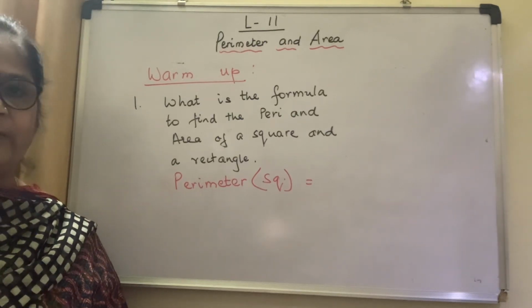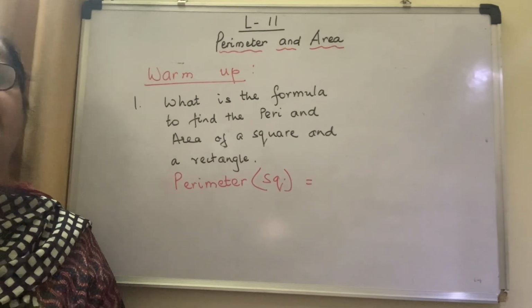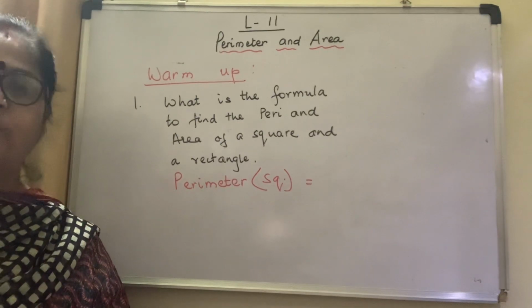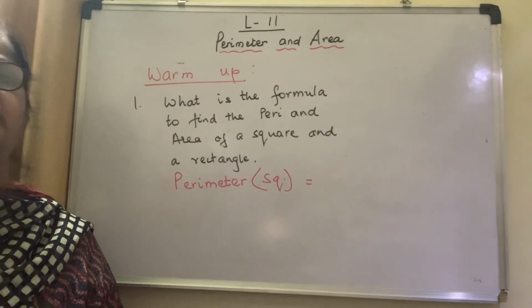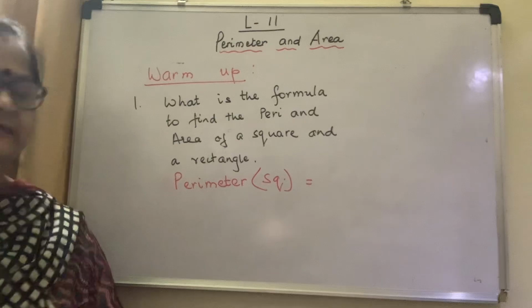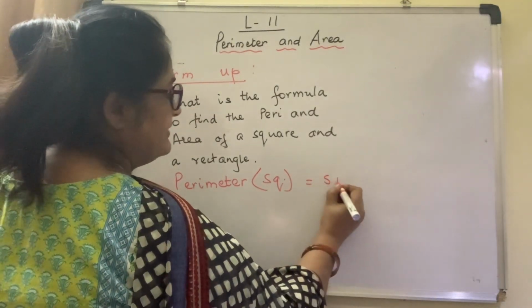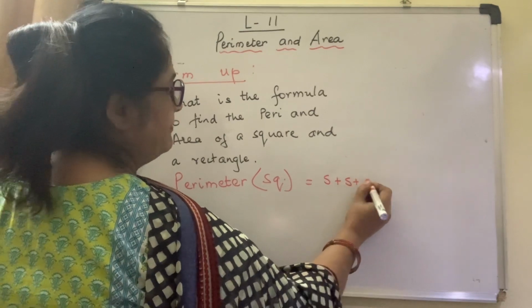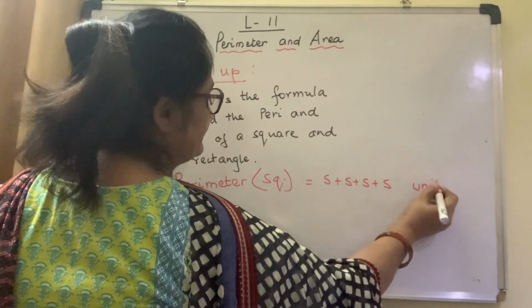If it is a square, all four sides form the boundary and the four sides are equal. So perimeter will be side plus side plus side plus side. So perimeter of a square is side plus side plus side plus side unit.